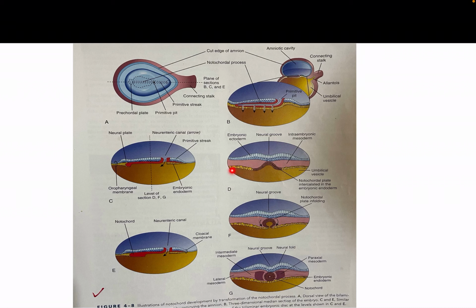They incorporate in between the endodermal cells or hypoblast. The name given is the notochordal plate. These cells then invaginate to form a circle having a lumen in it. The name given is notochordal tube, a tube-like structure having a lumen in it. Then it becomes a solid structure, the notochord, and that is the definitive notochord.